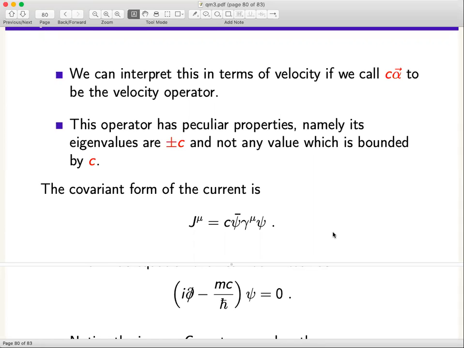You convert a second order equation into a first order form, and when you do that, you get a 4x4 matrix and a 4-component solution. Of the 4-component solution, the upper component is the wave function of the particle, and the lower component is the derivative of the wave function. So if you look at the particle at rest, the lower component will vanish and the upper component would survive.